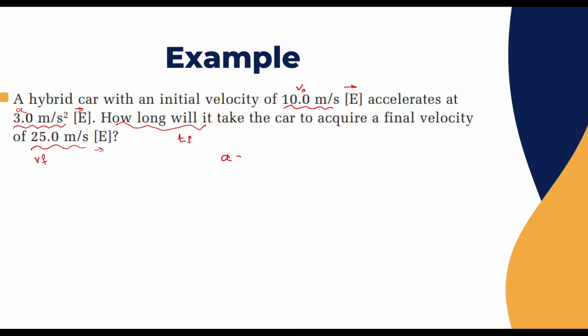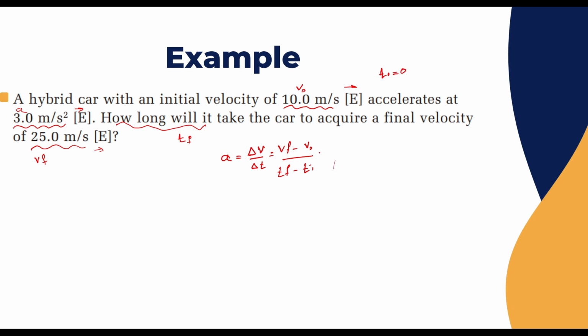Of course, acceleration equals delta v over delta t, which means I need v final subtracted by v initial, over t final minus t initial. In this case, what is your initial time? Initial time in many cases could be 0 unless otherwise mentioned in the question.